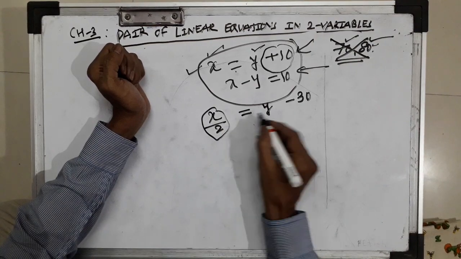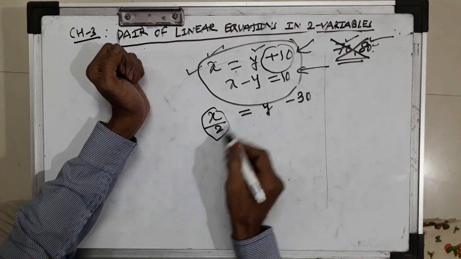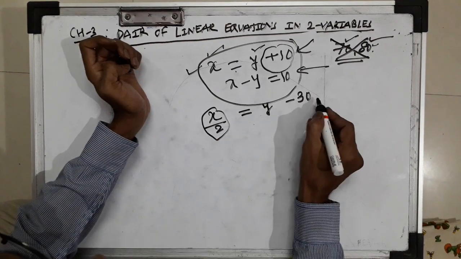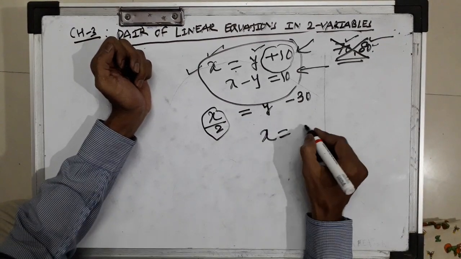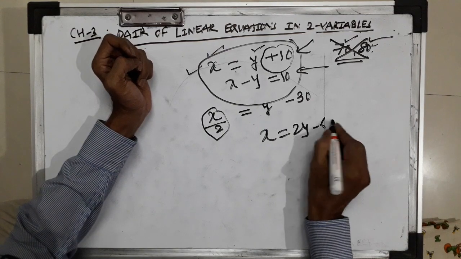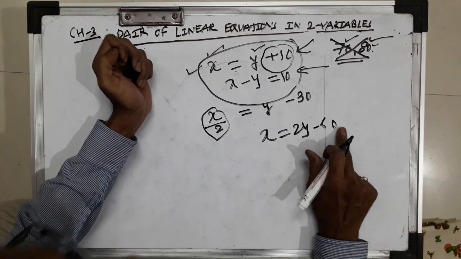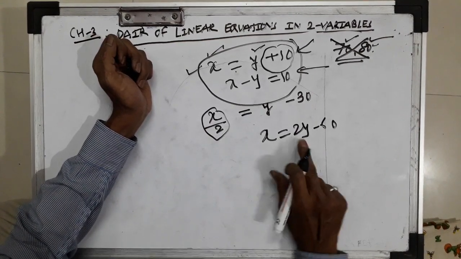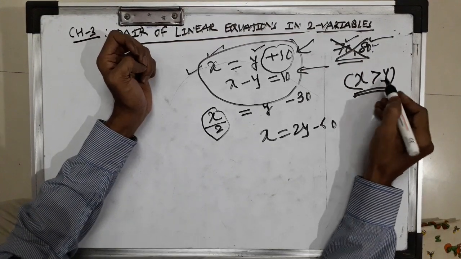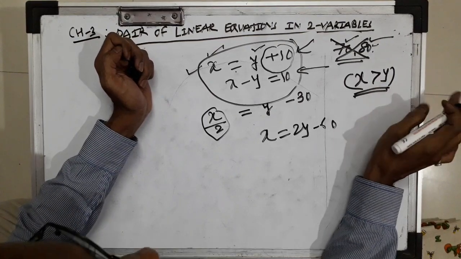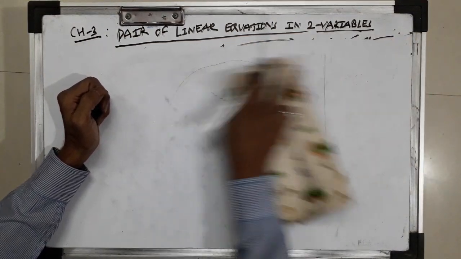Half of the greater number is less than the other by 30, or half of the larger number diminished the second number by 30. This is another statement. Or if we multiply throughout by 2, then the larger number is 60 less than twice the smaller number. In that case we have to mention which one is the larger and which one is the smaller. Whenever difference comes, you can write x is greater than y. Okay, this is the second example.